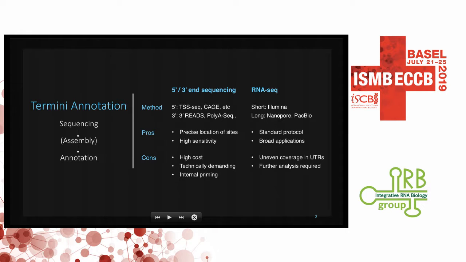That's why they have become the standard protocol in transcriptome analysis. However, when it comes to terminus annotation, they have less sensitivity because of the uneven coverage in UTR regions. So further analysis will be required, and specialized bioinformatics tools are needed.